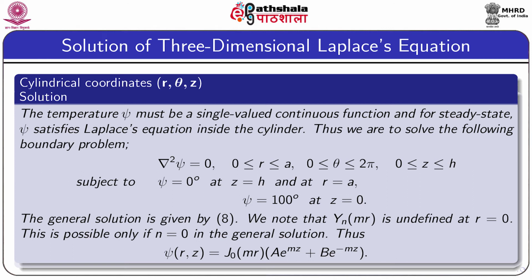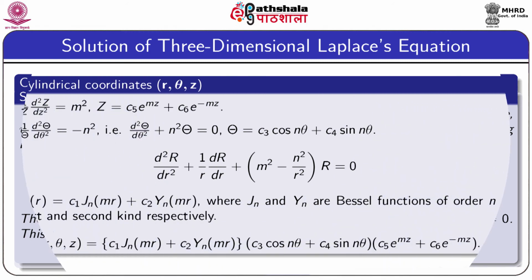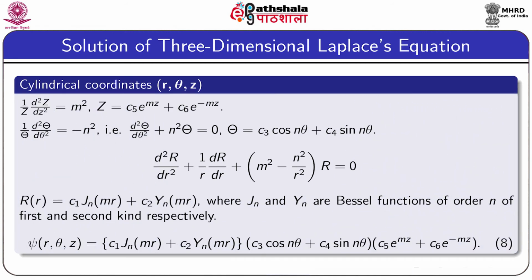So, from the boundary conditions, we can note that the solution cannot depend on the variable theta. So, it can be assumed that the solution is independent of theta. Also, it is to be noted that from the general solution, you can see that there is a term Y_n(mr), which is the Bessel function of order n and of the second kind, and this Bessel function has a singularity at r = 0.